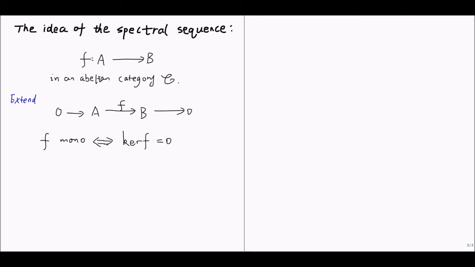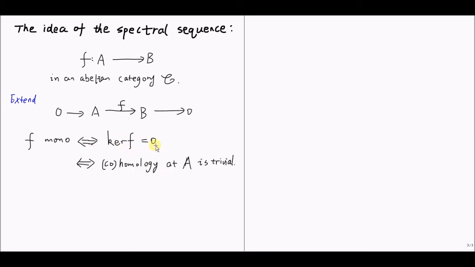And if you think of this in another way, this is equivalent to saying that the homology or cohomology at A is trivial, because when the kernel is trivial and the image, of course, is always trivial, the cohomology at A as a quotient of kernel over image is always trivial.